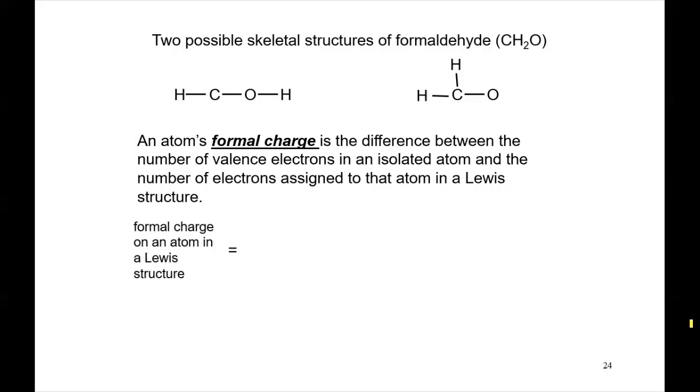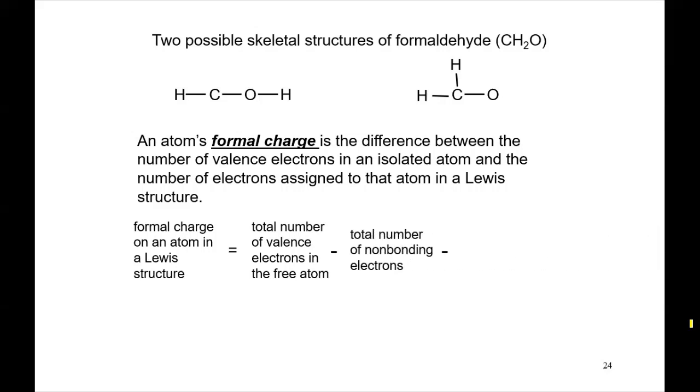So here's the formula. I'm going to look at every atom in the Lewis structure and find the total number of valence electrons that atom would have in its free state, in other words the number I get from its position on the periodic table, minus all of the lone pairs or non-bonding electrons on that atom in particular, and then minus 1/2 of the bonding electrons.